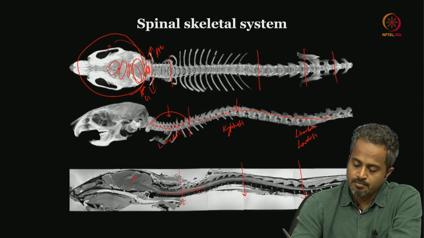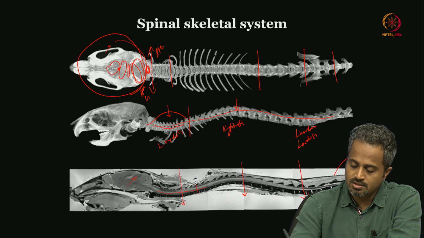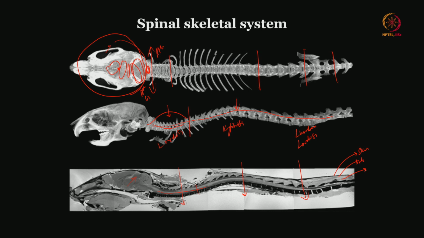So if you all remember, I said there are multiple layers before we approach. So you can appreciate this skin, subcutaneous tissue, then the muscles, then comes the spinal cord. Before that, this is the vertebral column.